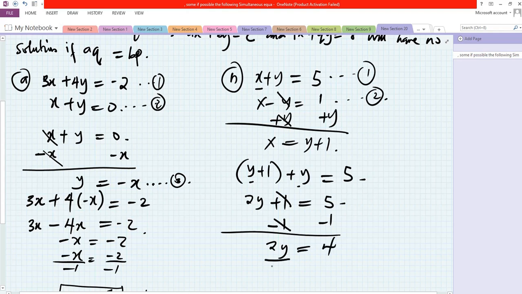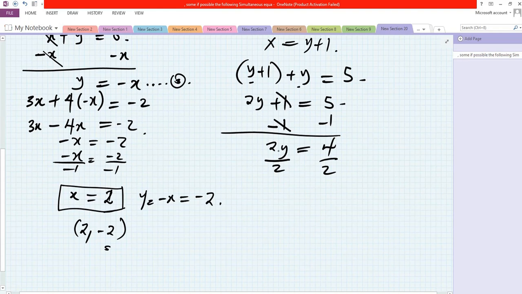So you divide. This 2 is multiplying y. So to take off this 2, you do division. This is multiplication, so the opposite of multiplication is division. So you divide to take it off. 4 divided by 2, you have 2. So that means y is equal to 2.